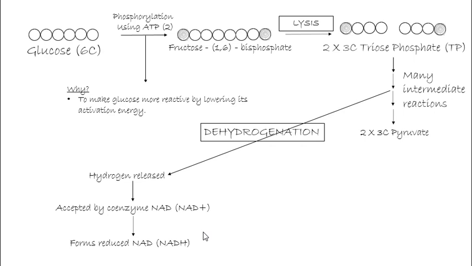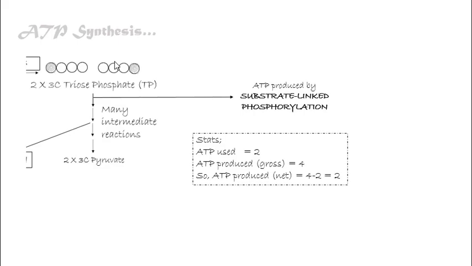Now let's move on to how ATP is synthesized during glycolysis. So as I mentioned before, during the many intermediate reactions that cause the conversion of triose phosphate to pyruvate, ATP is synthesized.